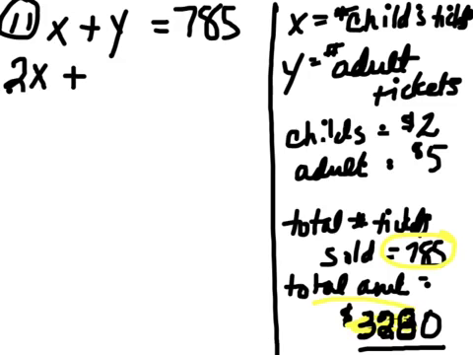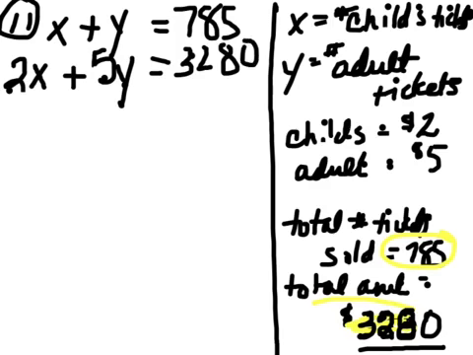And the adult tickets are $5 a piece, so how much would you have collected from adults if you sold Y tickets? Well, if they're each $5, you would have collected $5 for each ticket sold. So 5 times Y, since Y is the total number of adult tickets sold. Now, when you add that up, they said it added to 3,280.